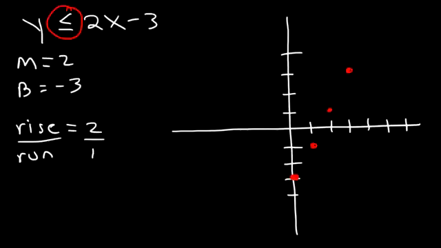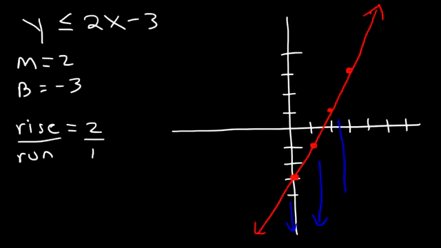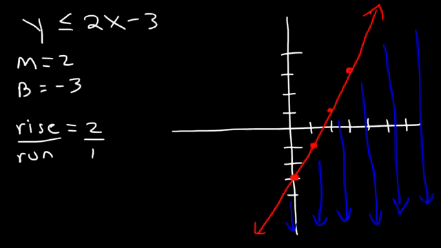Now, because it's less than or equal to, it's going to be a solid line as opposed to a dashed line. And because it's less than the function, we need to shade in the region below it. Another way in which you can determine where to shade is by using test points. Let's choose 2 test points.